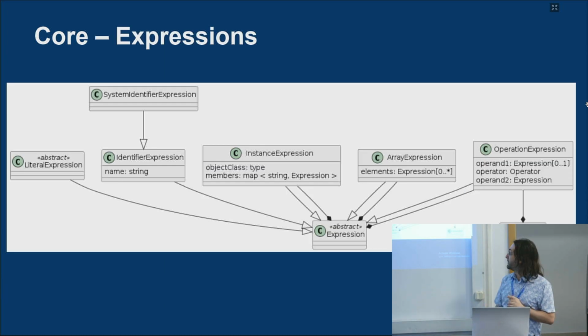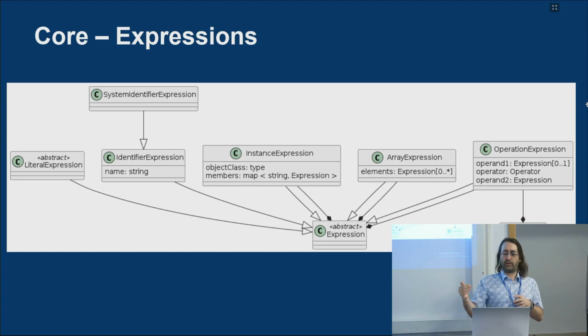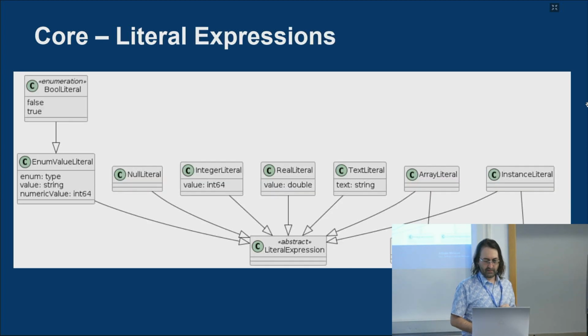So a bit more detail into the expressions and the basic types of expressions. We have a literal, an identifier, an instance of a particular class, arrays, and operations. And of course, in an operation, you have one or two operands and then operators. And a special type of identifier is a system identifier expression, and I'll show some examples of that later.